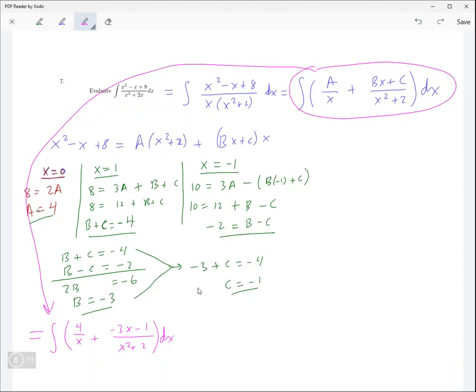Okay, in this case, when it's an irreducible quadratic like this, it's just x squared plus, there's no linear term, then that's much easier to deal with. And what you do is just split it up like this now.